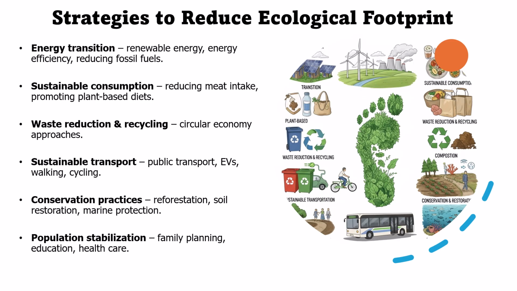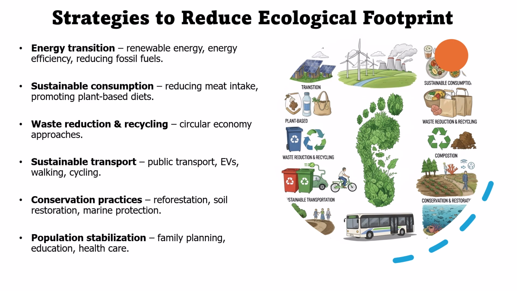In transportation, adopting sustainable mobility options such as public transit, electric vehicles, cycling, and walking reduces both emissions and land use. Conservation practices like reforestation, soil restoration, and marine ecosystem protection strengthen Earth's regenerative capacity.